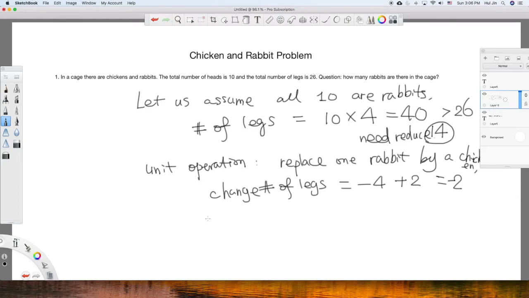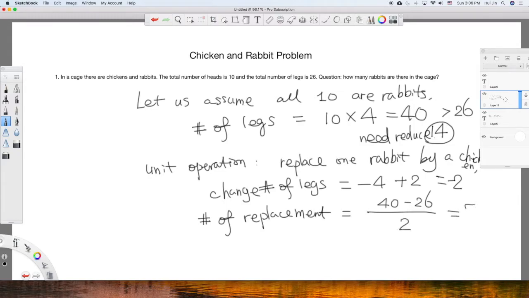So how many replacements do you need to do? The number of replacements equals the final change I want, which is 40 minus 26. That's like starting with all rabbits and wanting to go to 26, so I need to reduce 14. And every time I do it, I'm reducing 2.